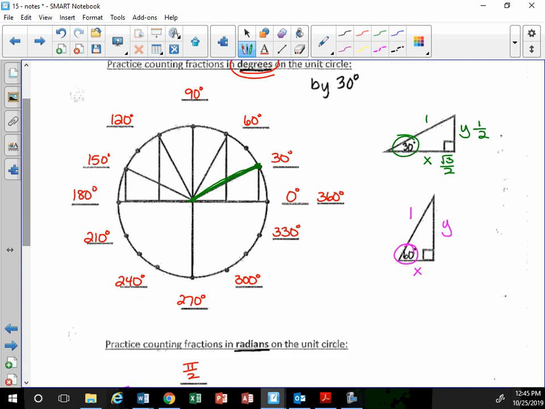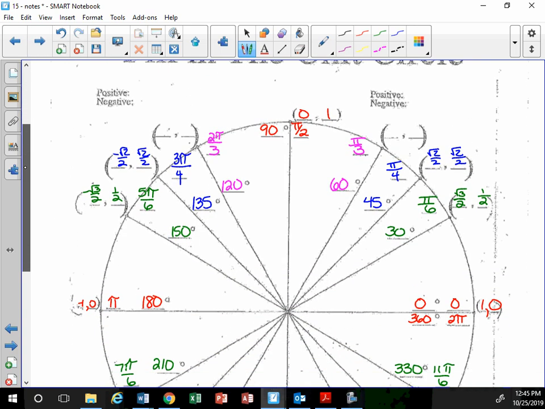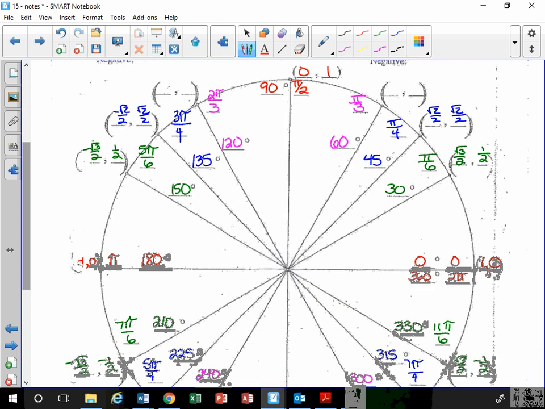All right, guys. So if we're looking at the 60-degree angle, which side is the short leg now? X. So how long is X going to be? Half. How long is Y going to be? Root 3 over 2. Do you guys see it's the exact same values, they're just switched. Okay. And again, I do not memorize that. I look and I go, okay, I'm going sideways not very far, and then I'm going way up here.